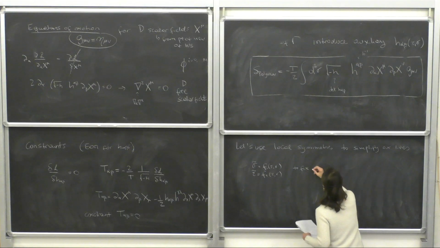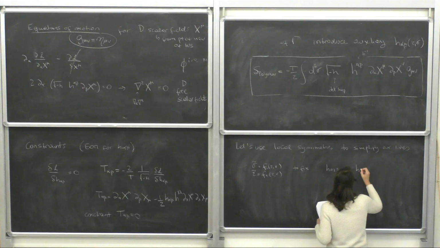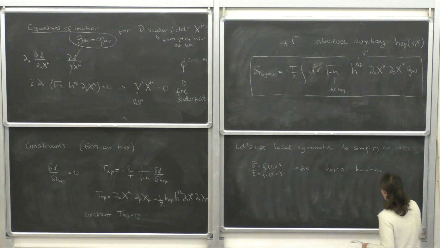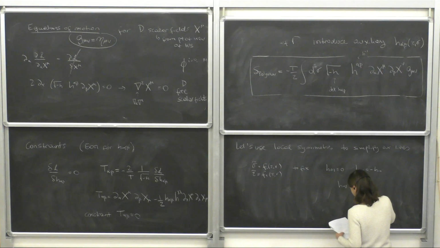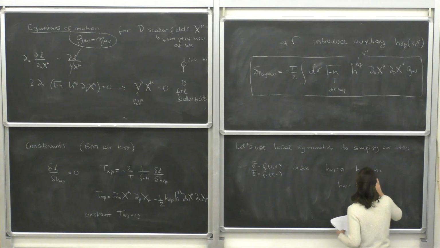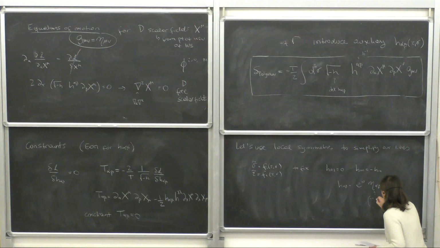So I can fix H01 to be 0 and H00 to be minus H11, such that H alpha beta is e to the omega eta alpha beta, where eta alpha beta is minus 1, 0, 0, 1.